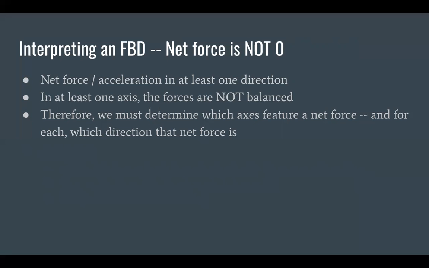And so in that situation, we have to determine which axes, whether it's x, y, both, feature a net force. And then for each of those axes, which direction that net force is. Is it accelerating upward, downward, leftward, rightward, a combination? That's what we have to figure out if the net force is not 0.